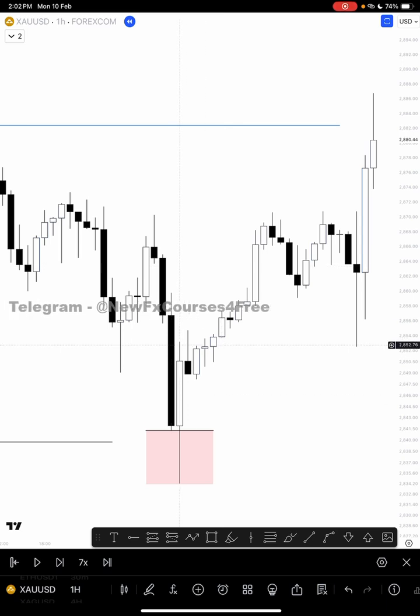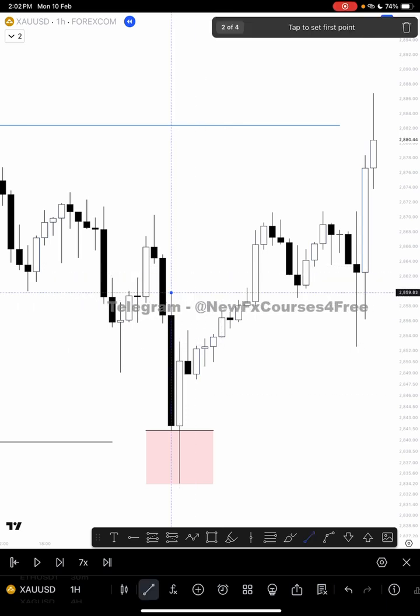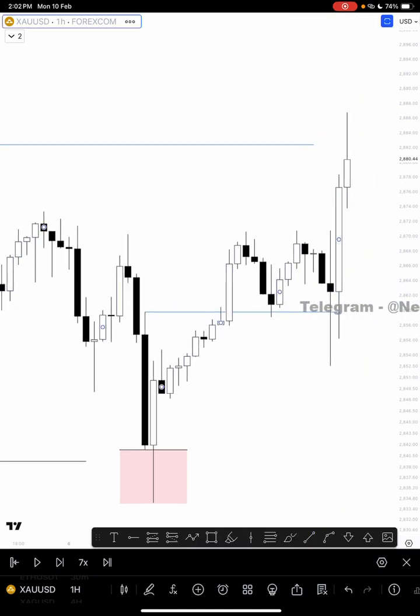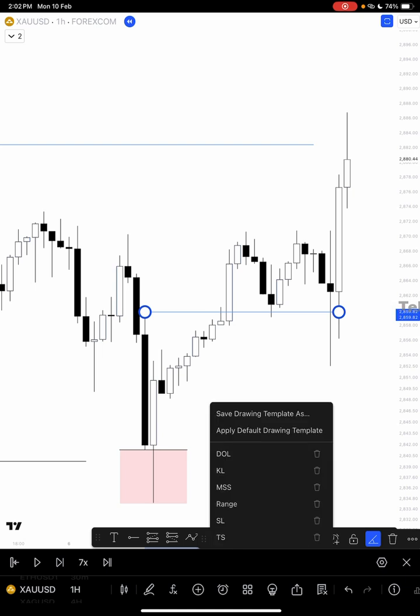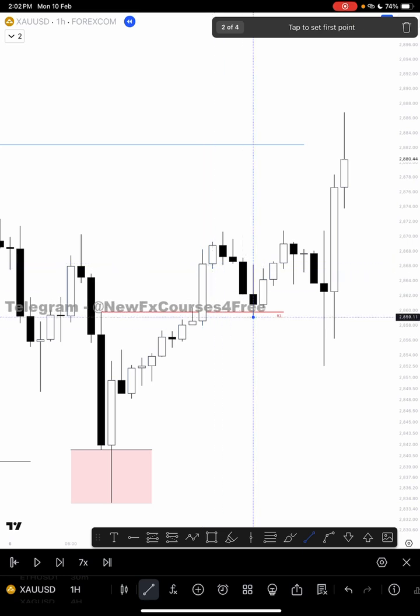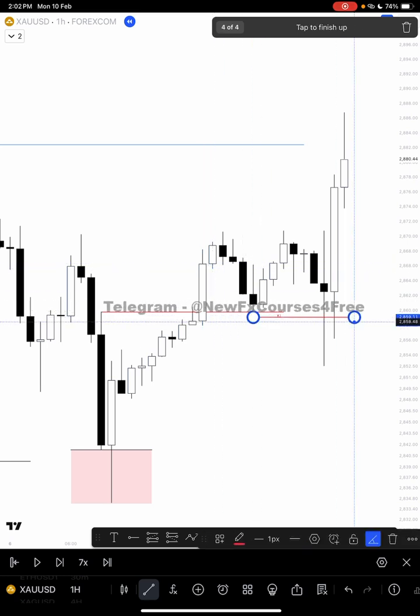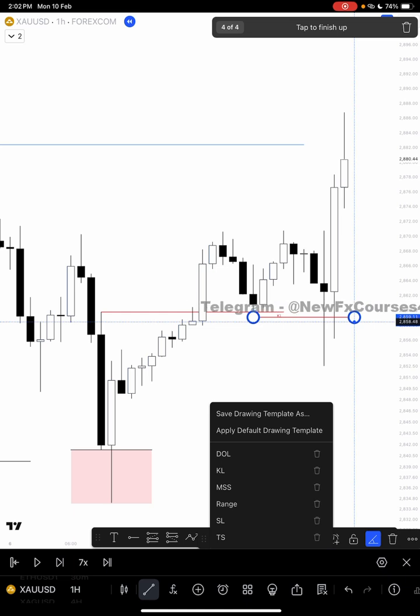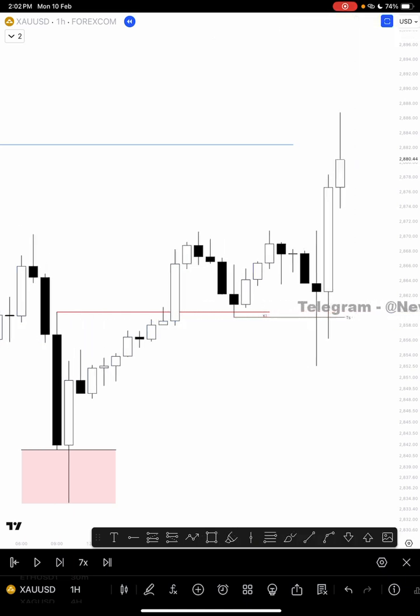So remember, I told you guys candle range high can be used as a key level. So here is your key level, and your turtle soup into key level.